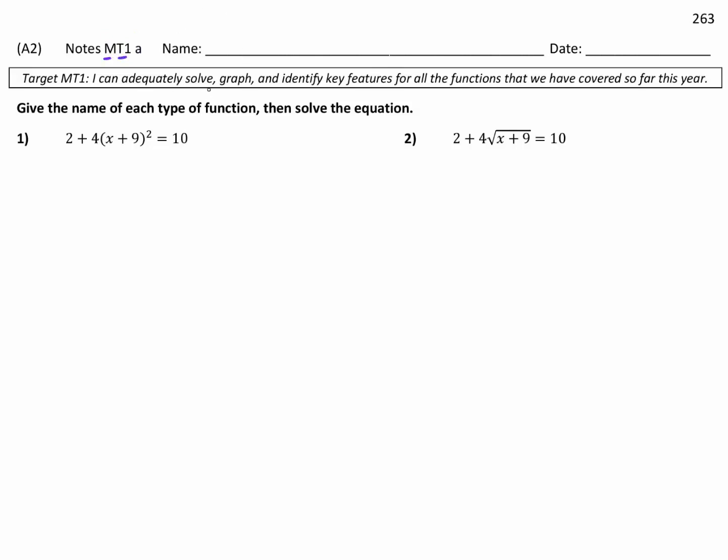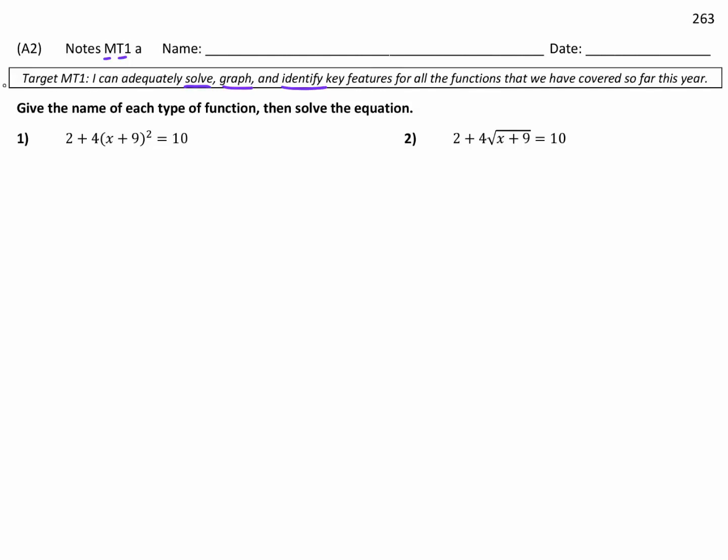We are just smushing together everything that we've covered so far this year. We're going to be doing some solving, some graphing, identifying key features, and identifying function types. So it's really a big picture view of everything that we've covered.